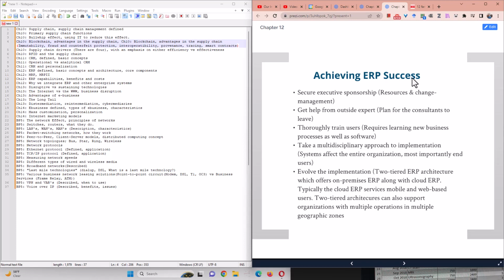You're going to need help from value added resellers or experts, consultants that help with implementing these, and they tend to specialize in the particular ERP systems. Recognize that this system is going to affect the entire organization, certainly end users, and over time you're going to evolve it.